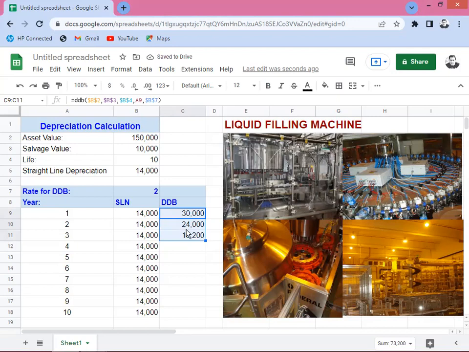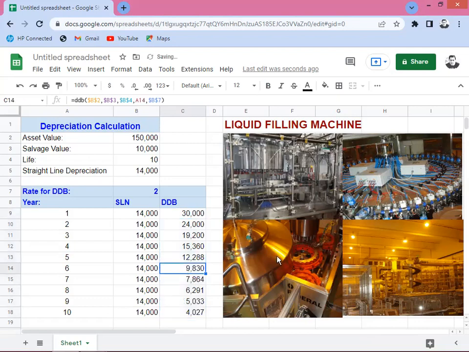That's why in the first 3 years, even on the fourth year, the depreciation cost is still higher, still bigger compared to this straight line depreciation, which is only 14,000. Let's say the fifth year. The fifth year is already lower than the 14,000, which is 12,200 something. Okay, let's go all the way to 10 years.